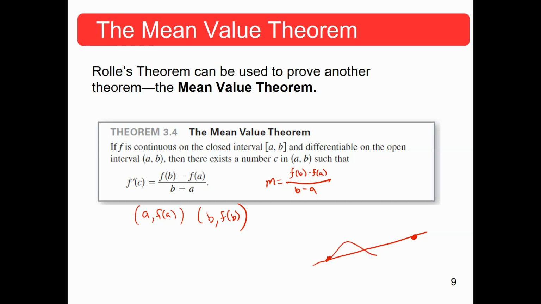Then somewhere in here, there is a point that has the same slope, that is parallel. There may be more than one, right? But there's definitely going to be one. This doesn't guarantee the existence of more than one, but it does say that there is at least one.